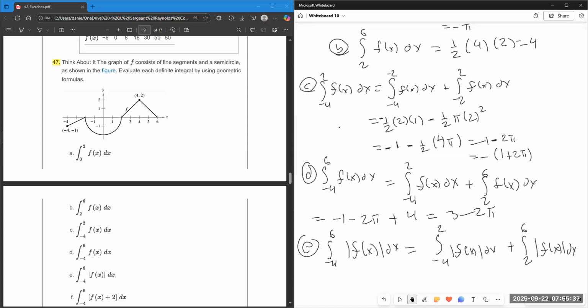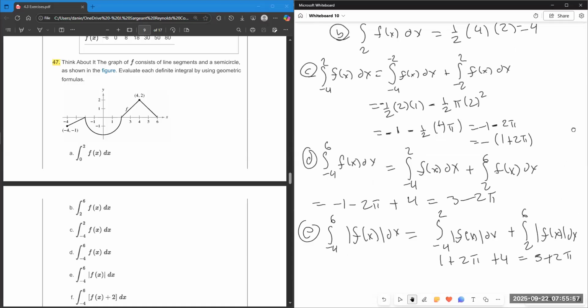So if I take the absolute value from part C, I get 1 plus 2 pi, and if I take the absolute value from part B, I get 4, and I add that together, I get 5 plus 2 pi.